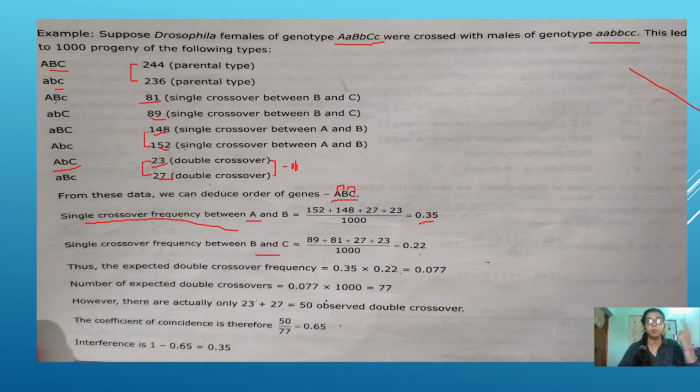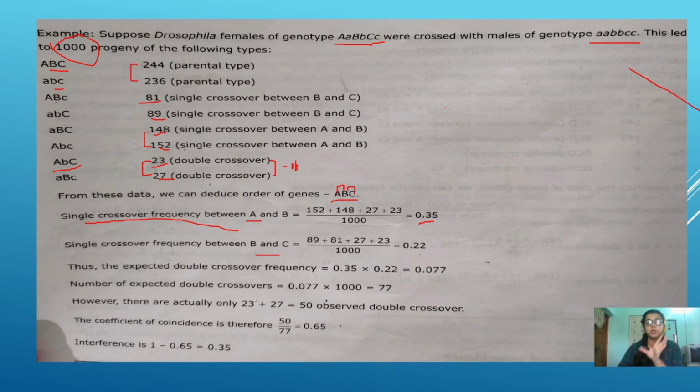Double crossovers need to be added in both cases. Divided by 1000, which is the total number of progeny already given in the question. If it is not given in the question, then you need to sum it up. So that is equal to 0.22.